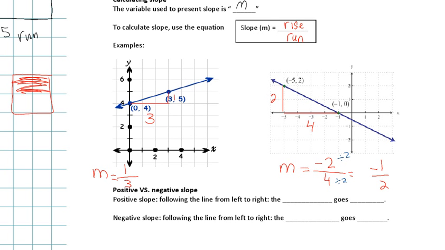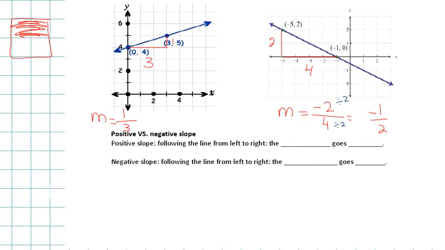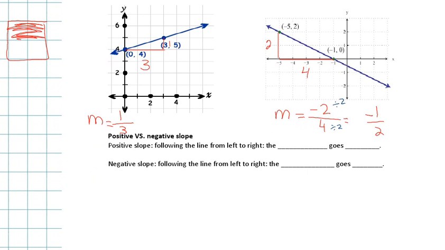Now how do I know if I have a positive slope or a negative slope? It depends on the direction. I explained this to you earlier, but I'm going to re-explain it. Positive slope: following the line from left to right, the line goes up.